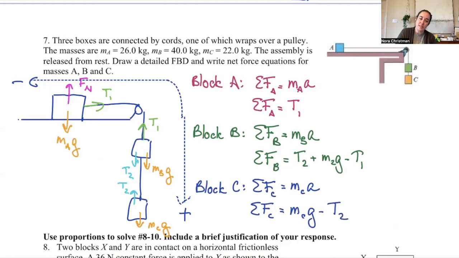And then finally for block C, we have its own weight pulling down, we have the tension in the rope pulling up.